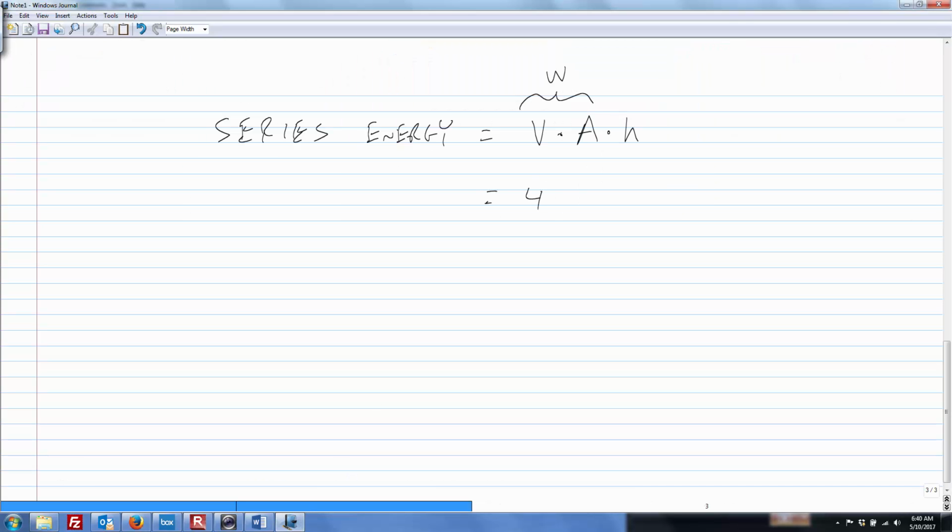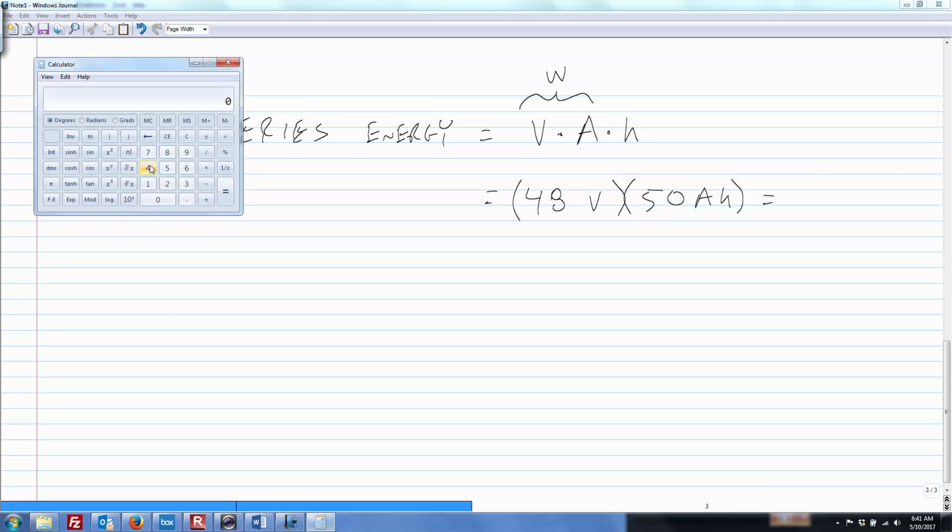So 48 volts times 50 amp hours equals, run that through our buddy here, the calculator, 48 times 50 equals 2400.